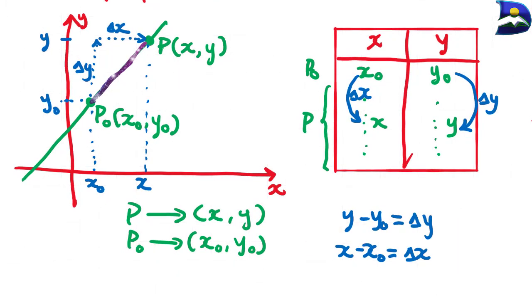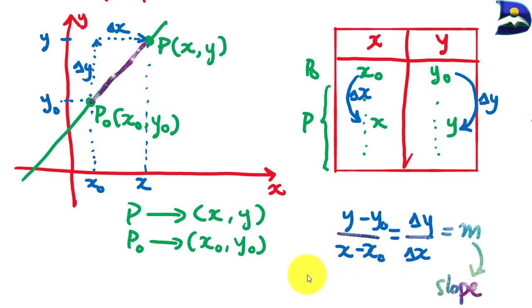By dividing our changes, that results in m, and m is defined as the slope or the gradient. This implies that we need to determine our change in y, which is y minus y naught, divided by x minus x naught.